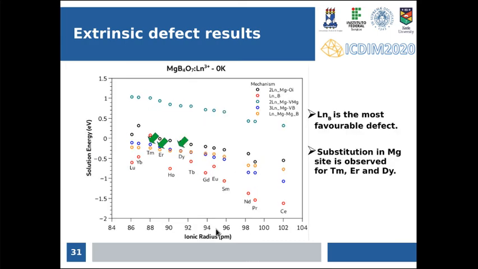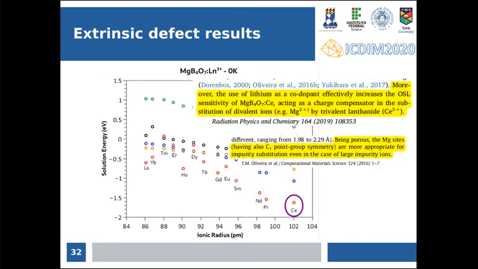The lanthanide in boron site is the most favorable defect, and substitution in magnesium is observed for thulium, erbium, and dysprosium. This result contradicts the affirmation in literature that assigns magnesium sites as more appropriate for impurity.